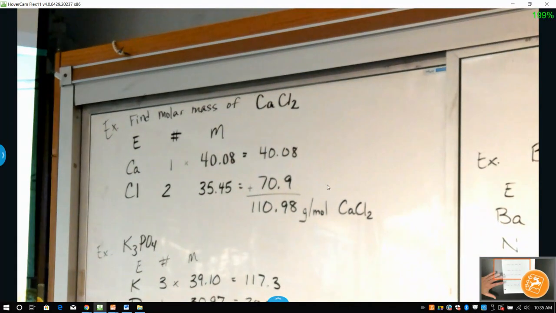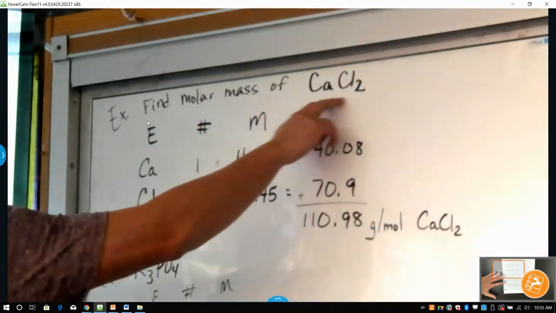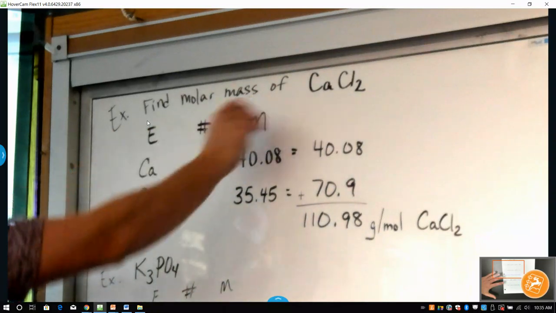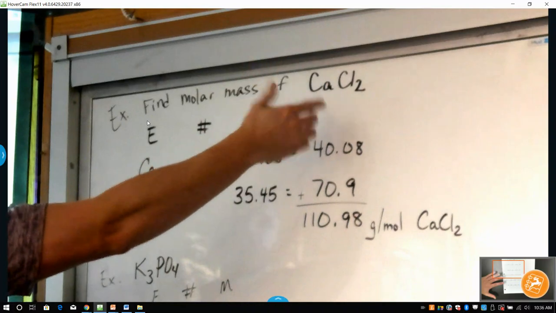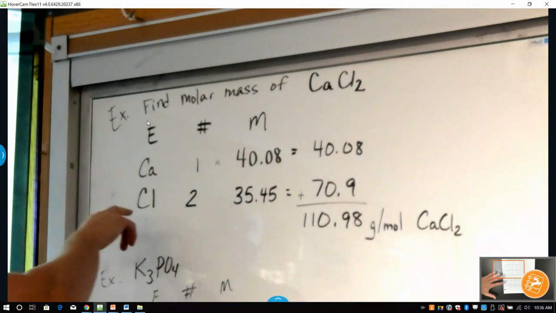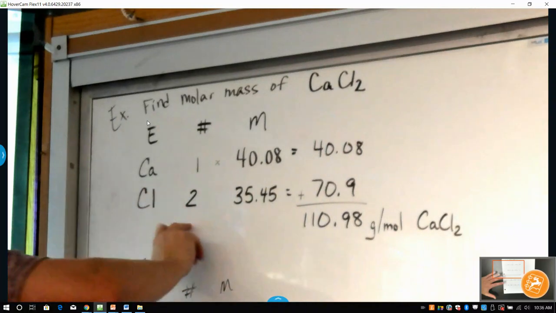Okay, so that's how I write it. Molar mass of CaCl2. You take the element, you write them out. All right, so here CaCl2. First element you see is calcium. How many are there? There is no subscript after it, so it's just 1. The chlorine, you write Cl. There are 2 of them.